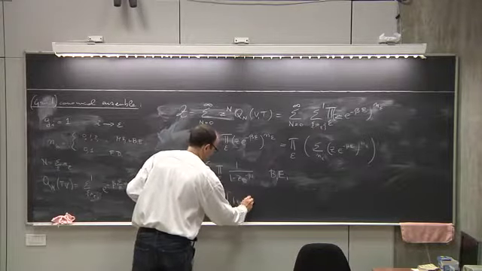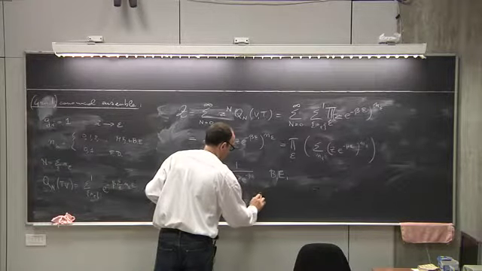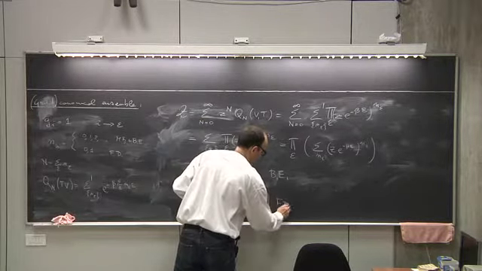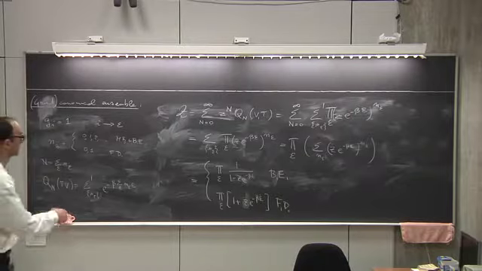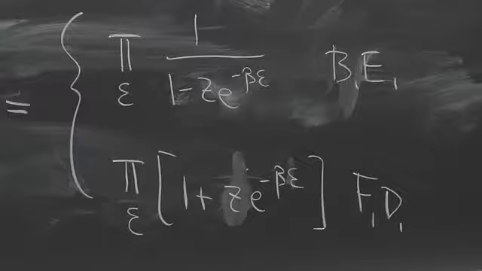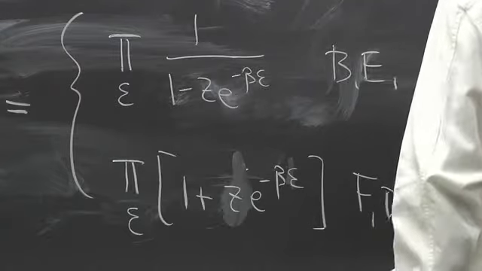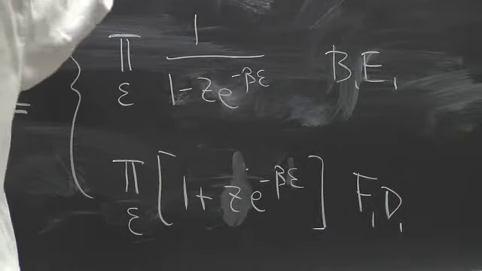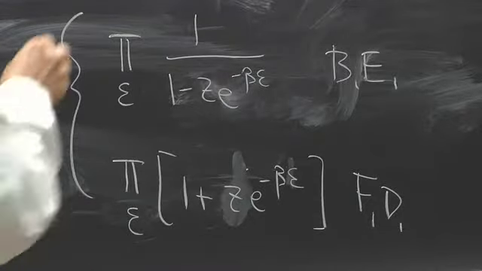So this is the Fermi-Dirac statistics. So you see that effectively you can write the log of the grand partition function again in this form.